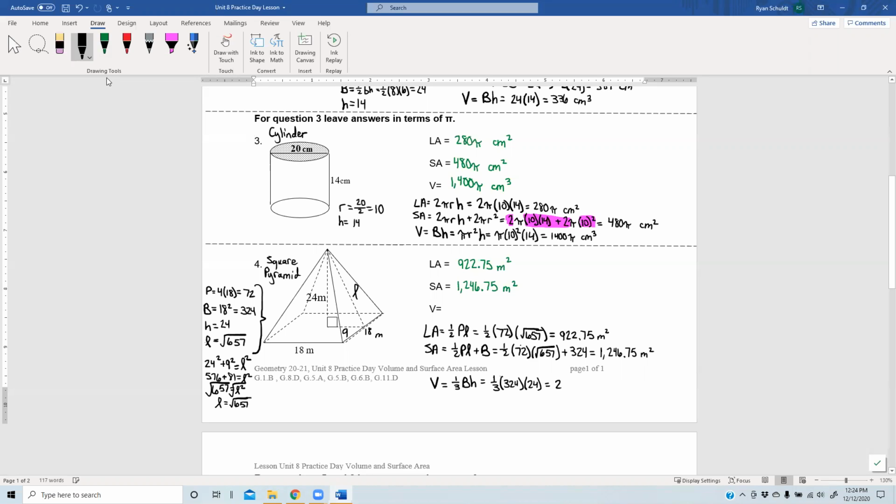That's going to be 2,592 meters cubed. Okay, so now we've done pyramids.